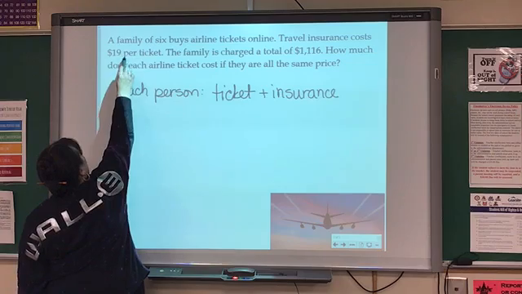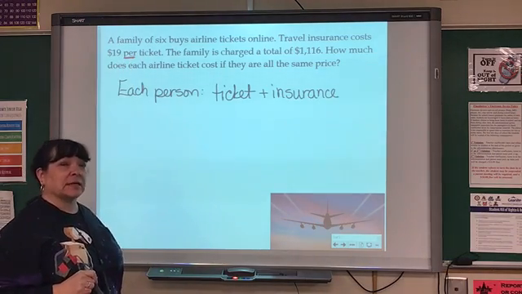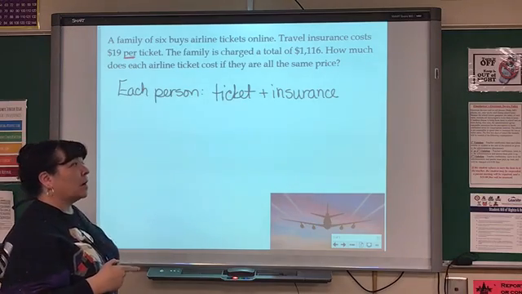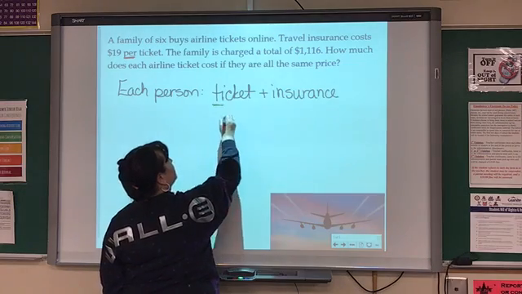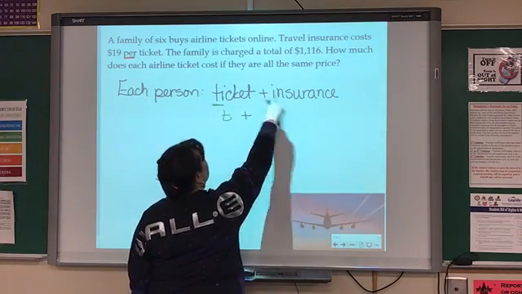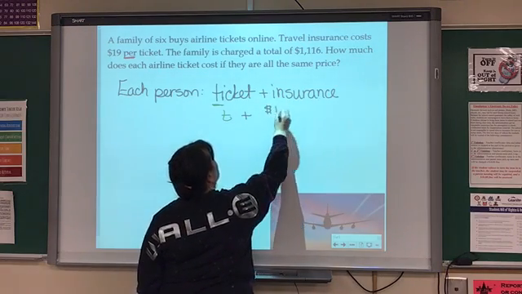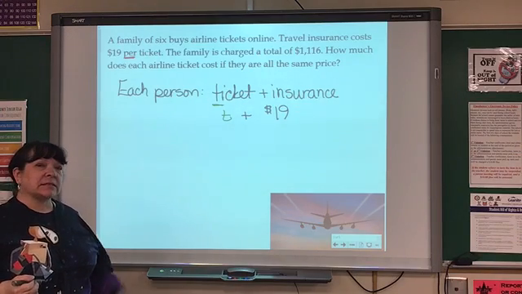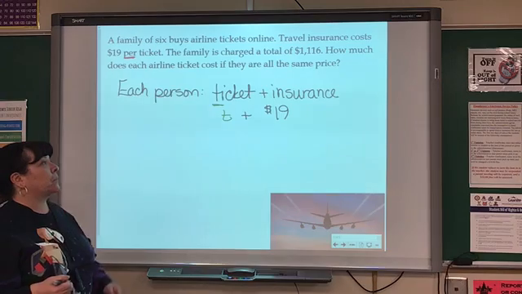So that per ticket is an additional amount beyond your ticket price. If I want to write that, I could simply take T for ticket plus the amount I know the insurance is, and the insurance is $19. This is what each person pays, or each person is charged for.